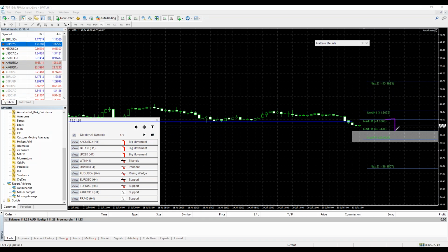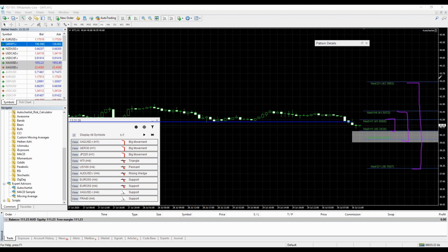This here is the expected price range movement for the next hour. This here for the next 4 hours, and this here for the next 24 hours, right? This is non-directional. It's just the volatility we're expecting in the market. And these lines actually open and close as the volatility is expected to increase and decrease in the market, right?